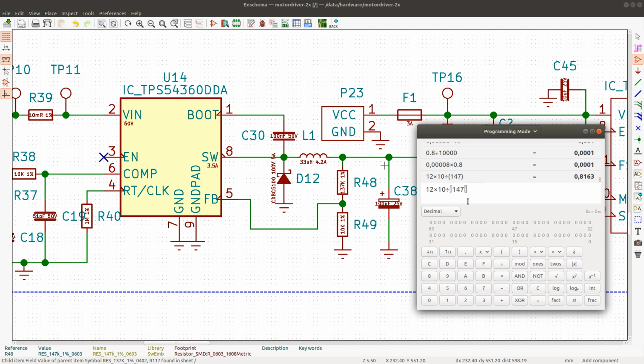Should be 0.81, and we can take 0.8 divided by 10 divided by 147. 11.76 volts would be the output voltage if we use this configuration, which I think is perfectly fine in this case.